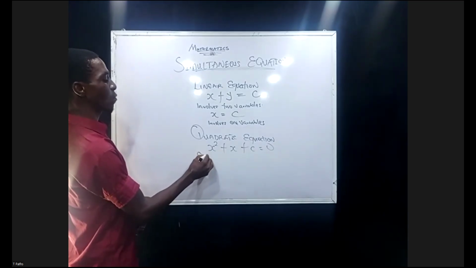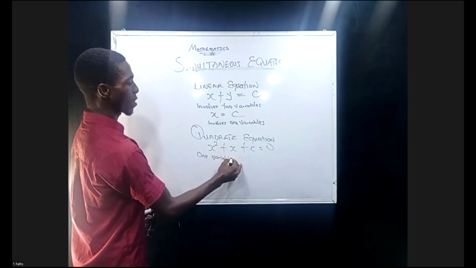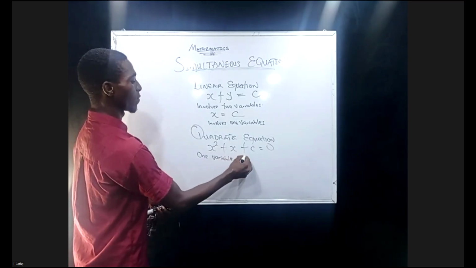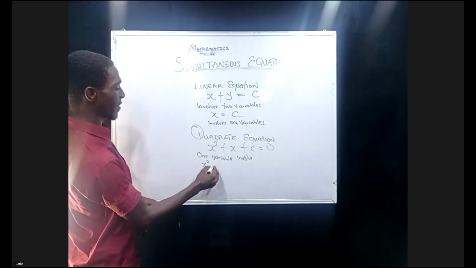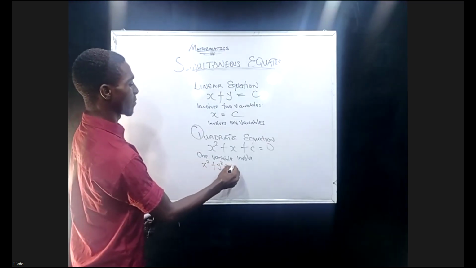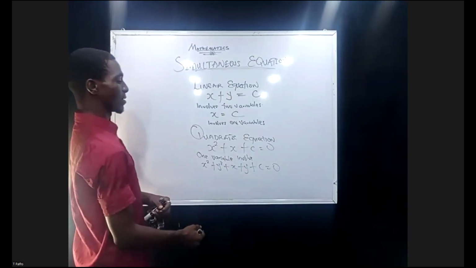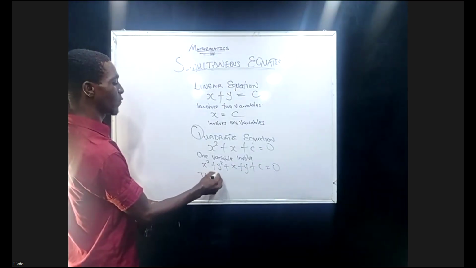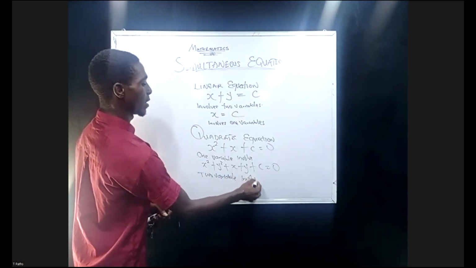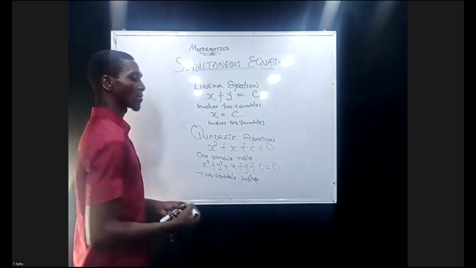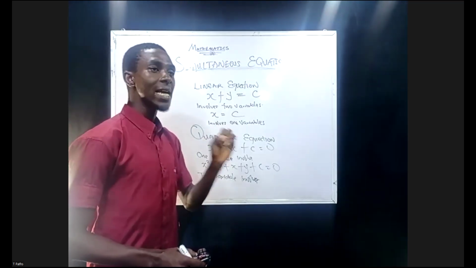This has one variable involved. Also, we have another type of quadratic equation where we have x squared, y squared, plus x, plus y, plus the constant equals 0. This one has two variables involved. Now, these variables that we're talking about are the unknown values that we need to assign a numeric value to.